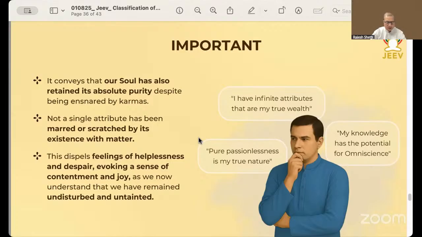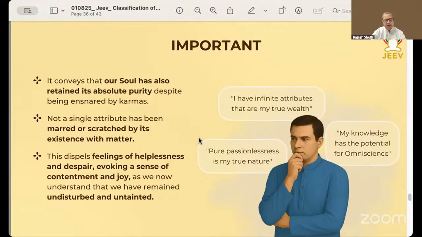So we come to the fourth point: Anupcharit Sadbhut Vyavhar Nai, literal existence, the conventional point of view. Again, there are two components, A and B. A is 100% pure modification. In number 3, we included only partial pure modification, which could be right belief, right knowledge, right conduct.